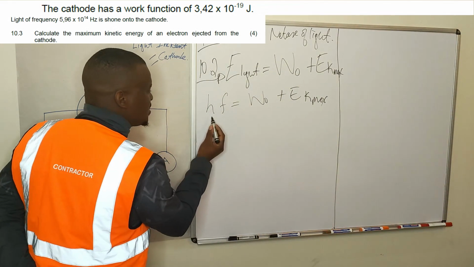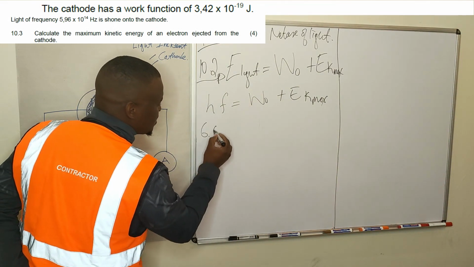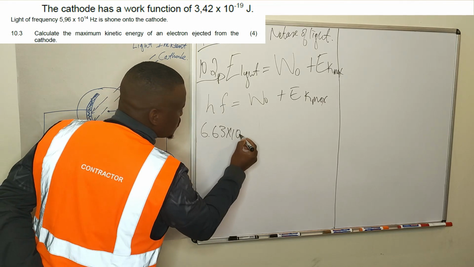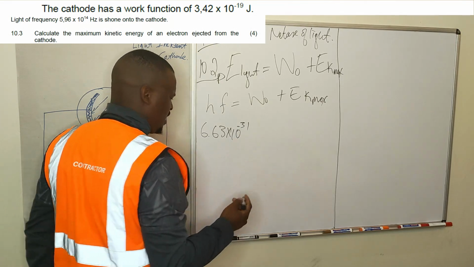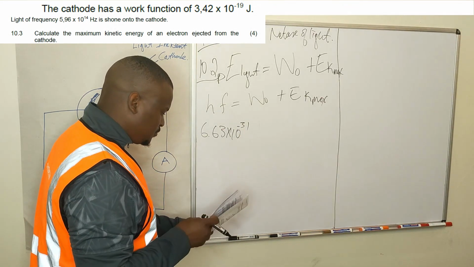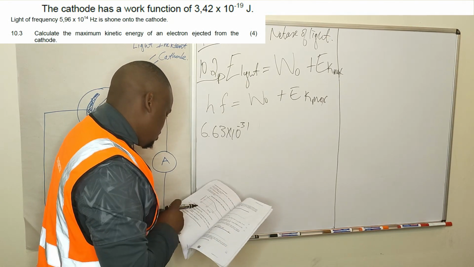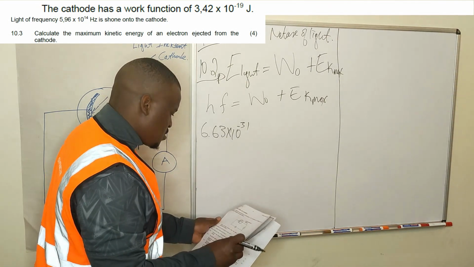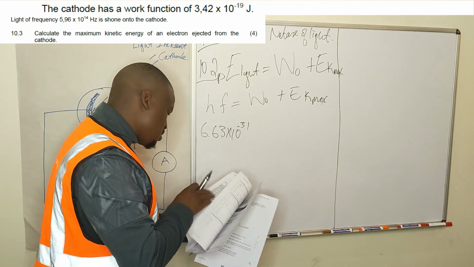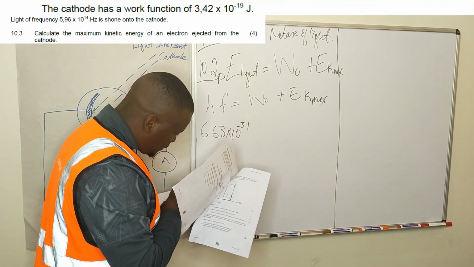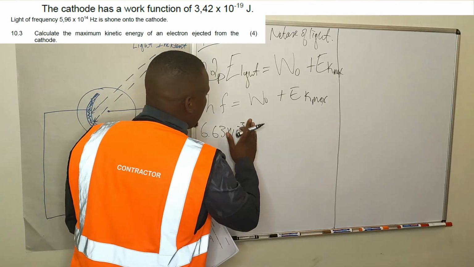So h is Planck's constant, which is 6.63 times 10 to the minus 31, I think. Let me double check. Ah, 34.